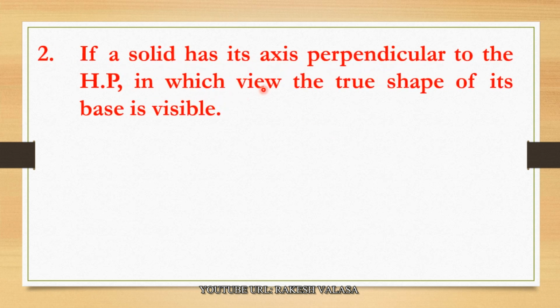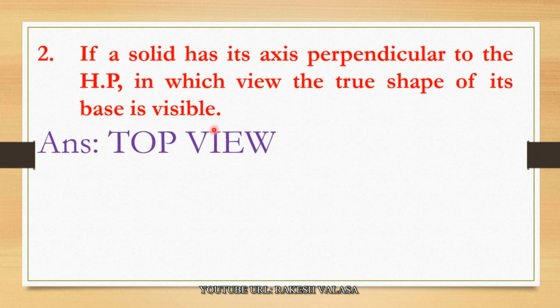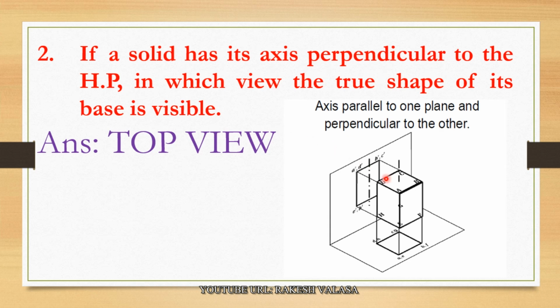Question number 2. If a solid has its axis perpendicular to the HP, in which view is the true shape of its base visible? The answer is top view. You can see this image. Here I have taken one solid, that is a cube. This is perpendicular to HP and parallel to VP.